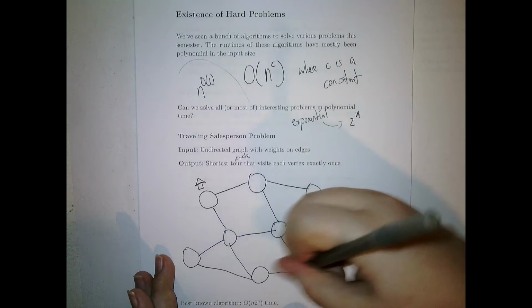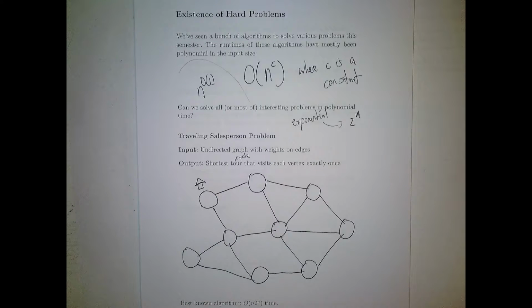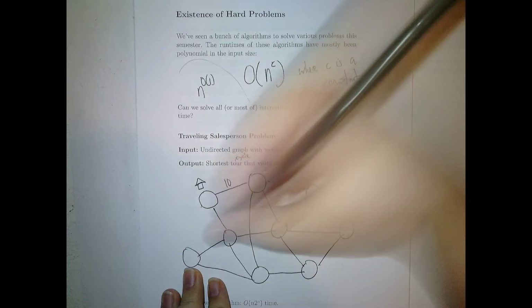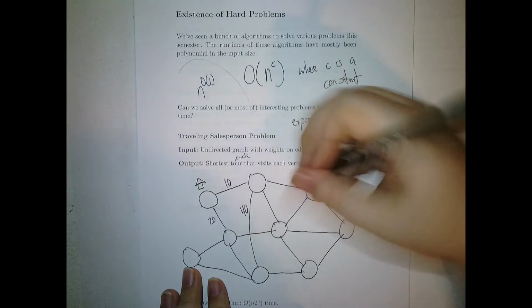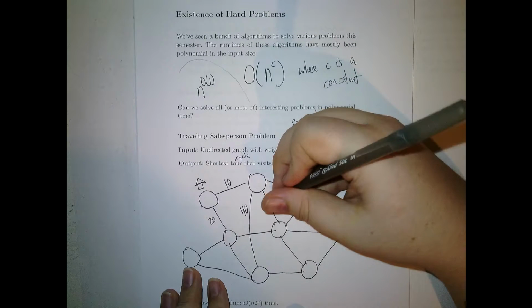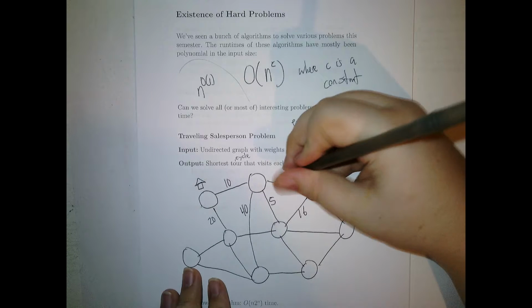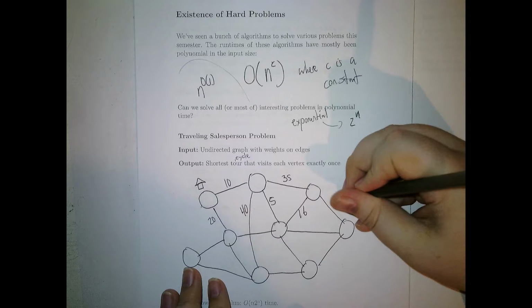So you could imagine something like this, say, and you could have more connections, right? You could add a connection like that or whatever. And then you can put a bunch of numbers associated with these edges. So, I don't know, just make up some numbers. Let's say this is 10, this is 20, this is 40, this is 5, this is 16, this is 35, this is 19.